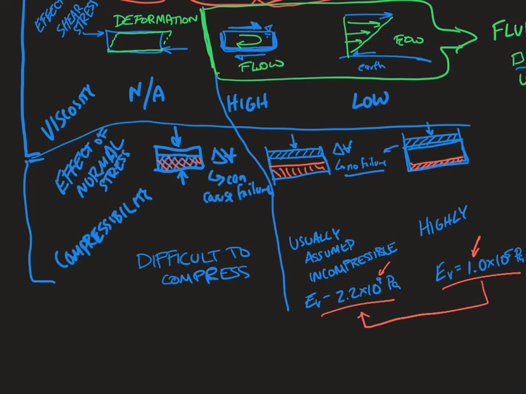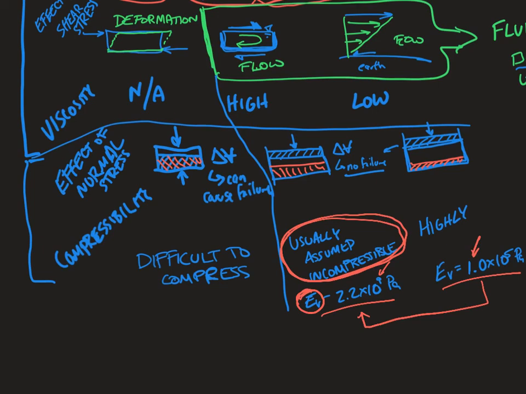Unless the problem is specifically about the compressibility of the fluid or of a liquid, you're going to assume incompressible. I would circle that, unless the question is asking about the bulk modulus of elasticity of the liquid. Assume incompressible. It's going to make your life a lot easier. It's going to make my life a lot easier. Most solids are much more difficult to compress still.